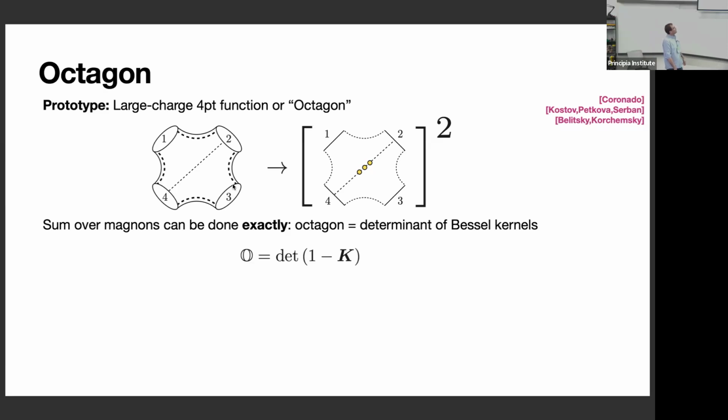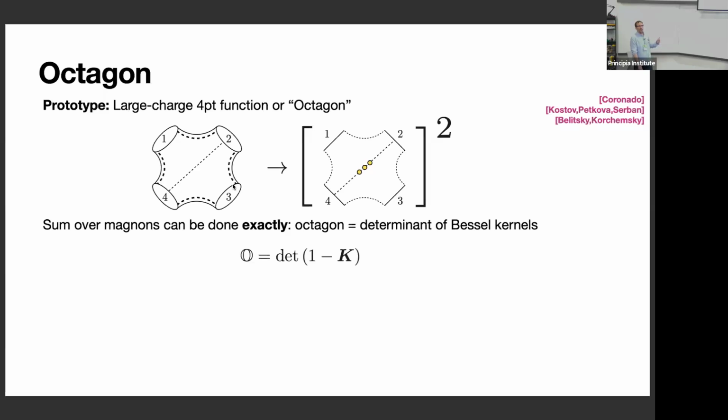So why is it so simple? Because here we just take 2 hexagons together, we glue them along a single edge, and what we get is an object which we can compute at any coupling. And what is particularly nice about it is that this object ends up being exactly computable.